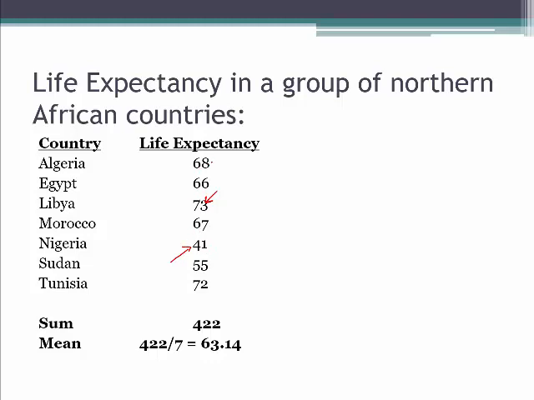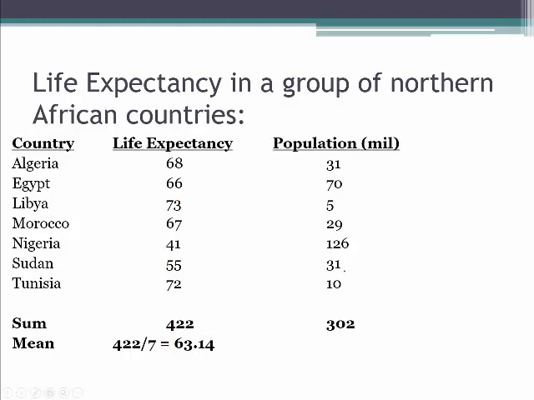If you were to take the average of all these 1, 2, 3, 4, 5, 6, 7 life expectancies, you would say the average life expectancy in these northern African countries is 63.14 years of age. But let me give you another piece of information here, and why a straight mean is not a great way to do this, and why we might need a weighted mean.